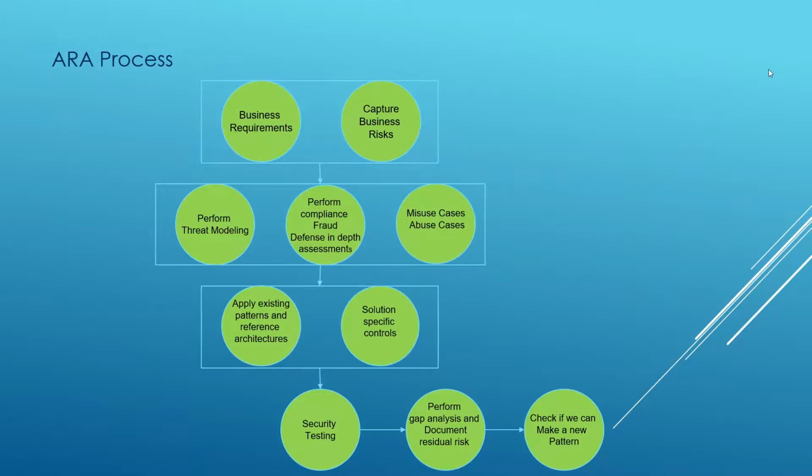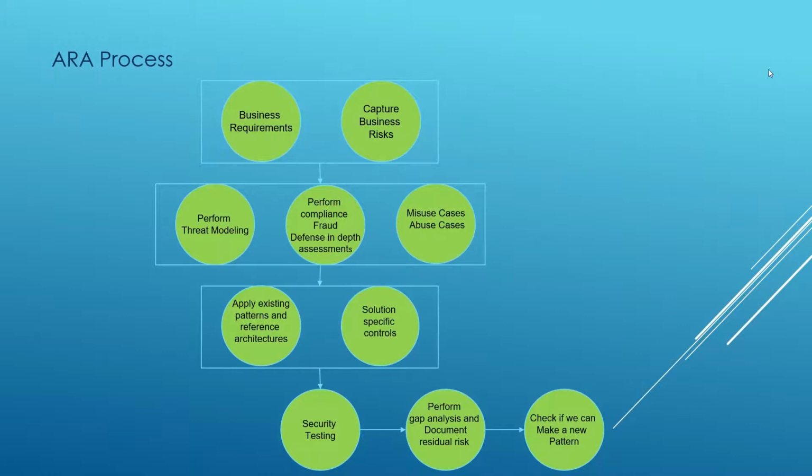Once you have this baseline set of controls, you may need some controls which are specific to this solution. And just like I mentioned, multi-factor authentication. So build those controls. Once you are done with it, then you are done putting your controls.